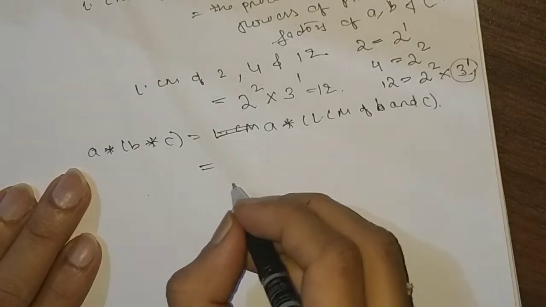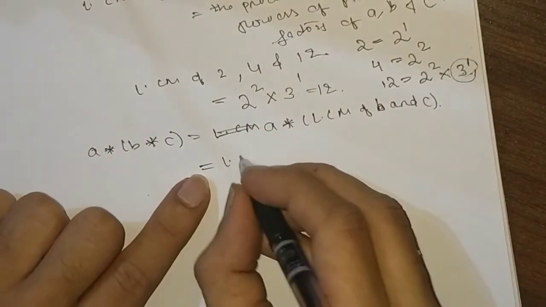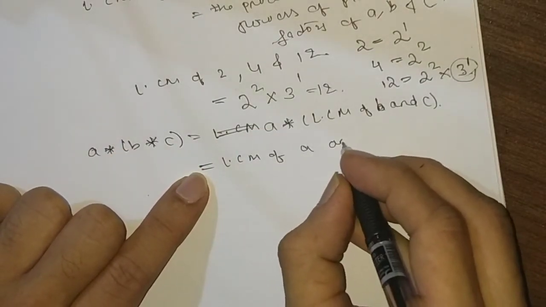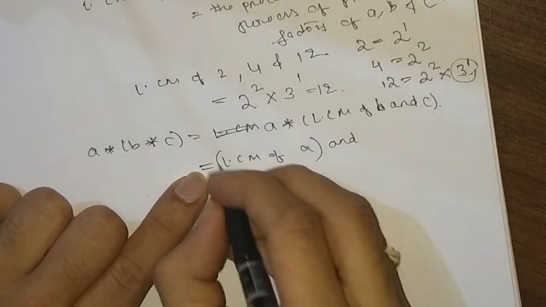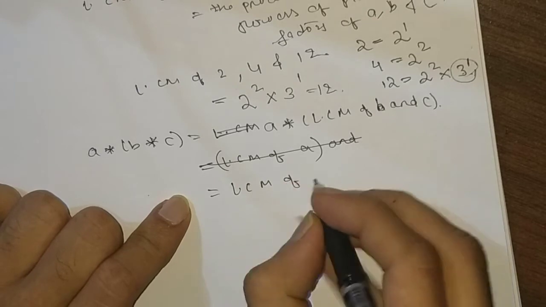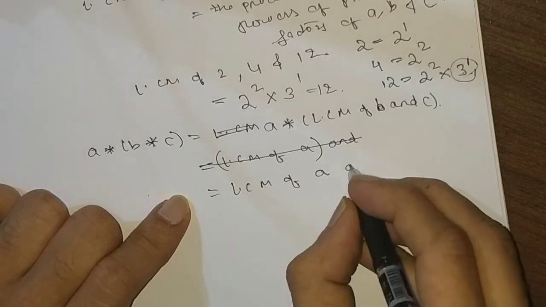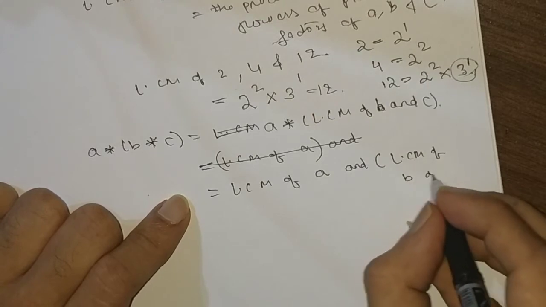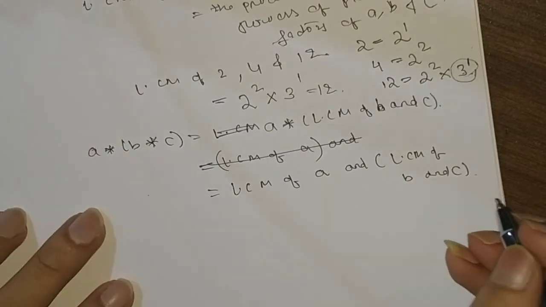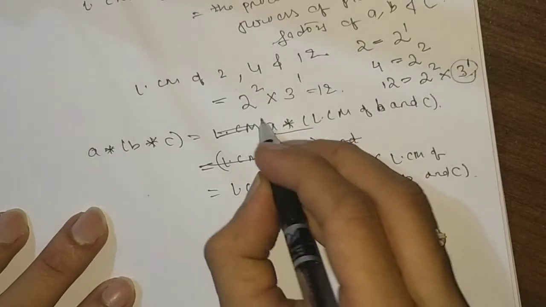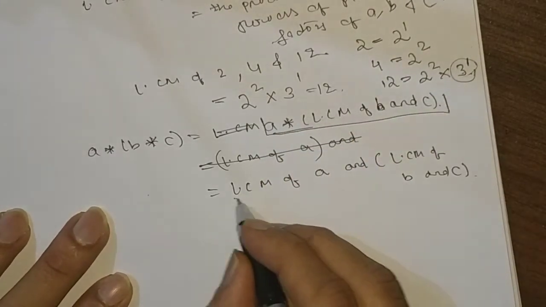So then what we have to do is take the LCM of A and the number, that is LCM of B and C. So this is the meaning of this.